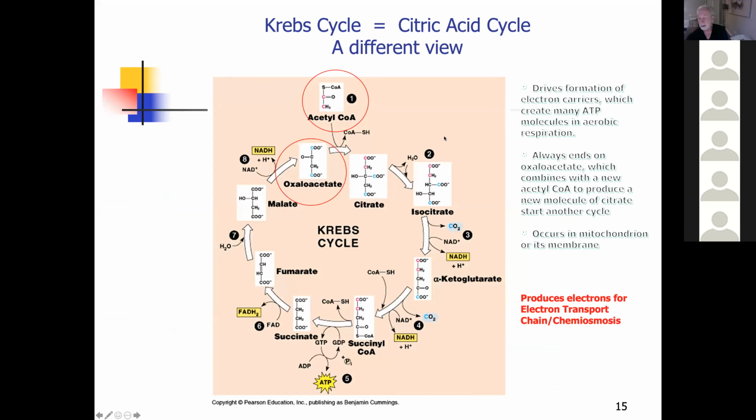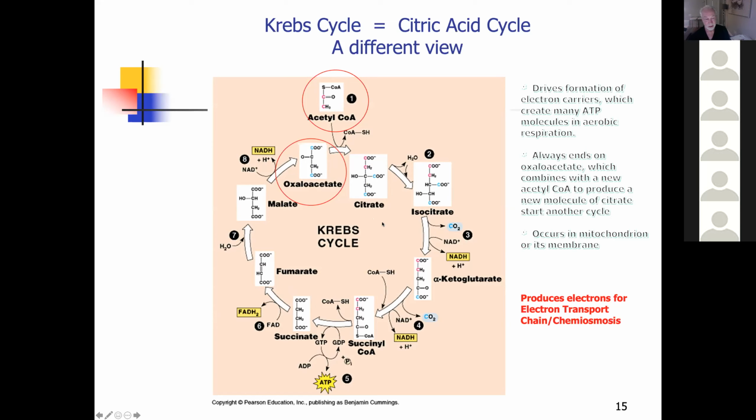So let's take a closer look then at the Krebs cycle, also known as the citric acid cycle or the TCA cycle. The first step in it, as I said earlier, is acetyl-CoA, a 2-carbon compound. That, along with oxaloacetate, makes citrate, a 6-carbon compound. And then the cycle turns. It goes from one intermediate to another, to another, to another, and completes the cycle with oxaloacetate.